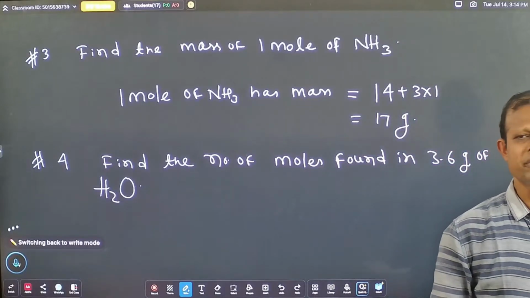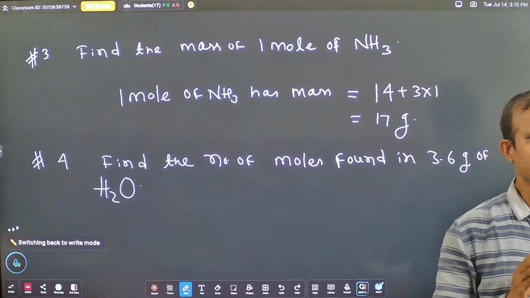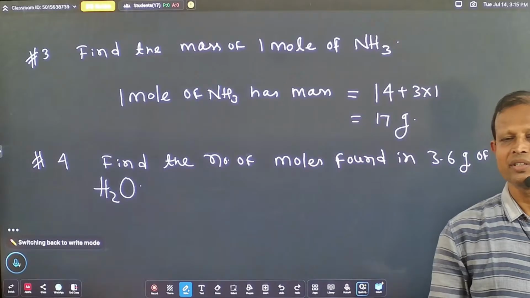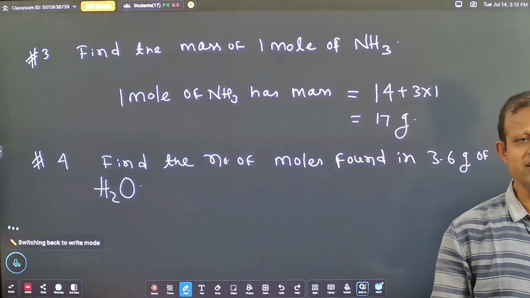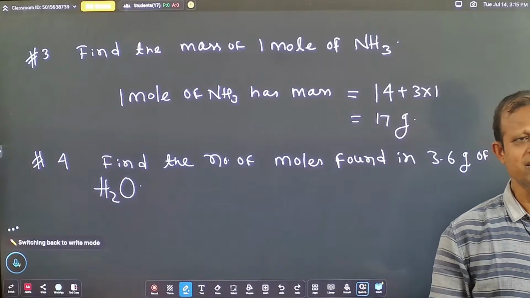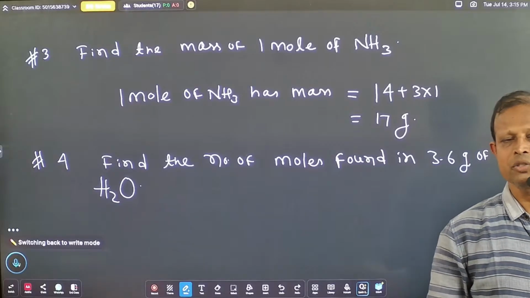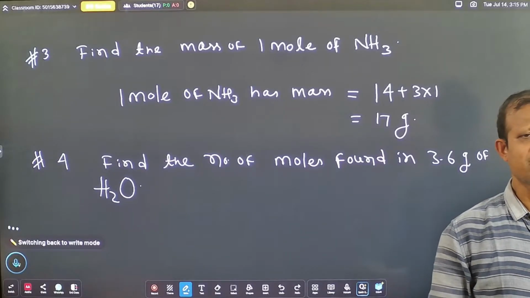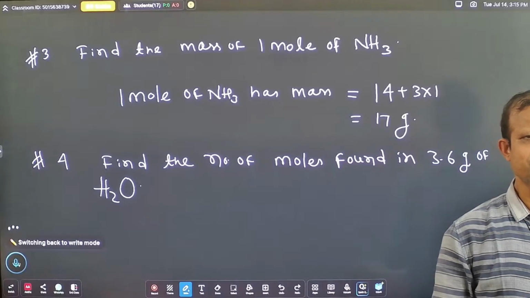Compound. So what is the mass of 1 mole of water? Hydrogen atomic mass is 1. The atomic mass of oxygen is 16.